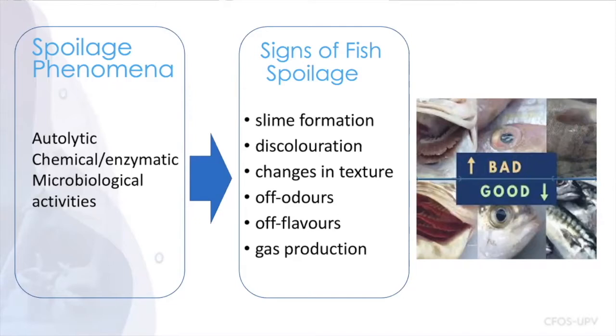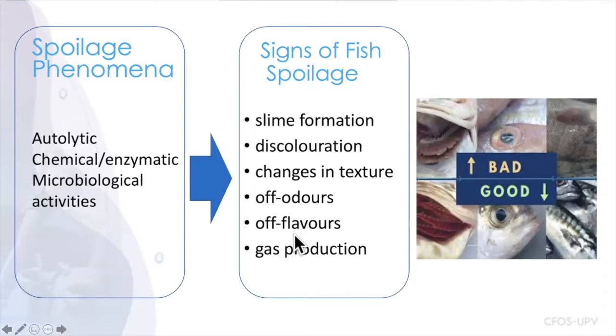And then the chemical or enzymatic, it could be caused by the indigenous enzymes in fish. Ibig sabihin yung enzymes present in the fish tissues, or could be caused by the enzymes produced by the microorganisms. And we also have microbiological activity. So these are the signs of fish spoilage.